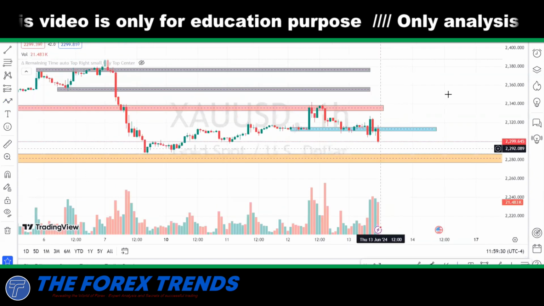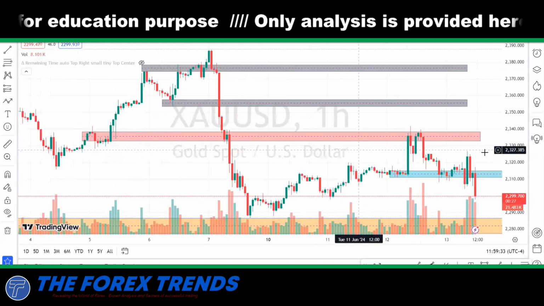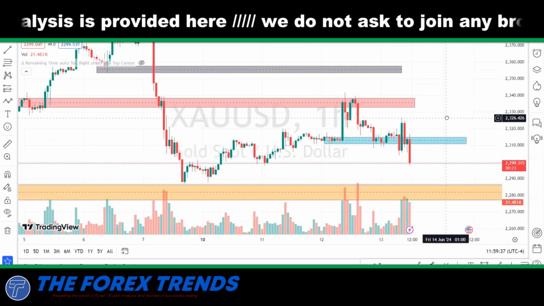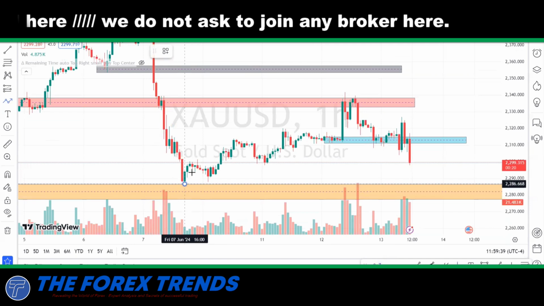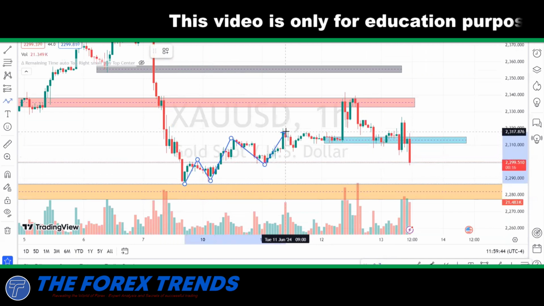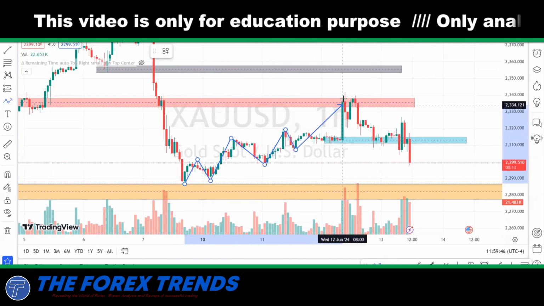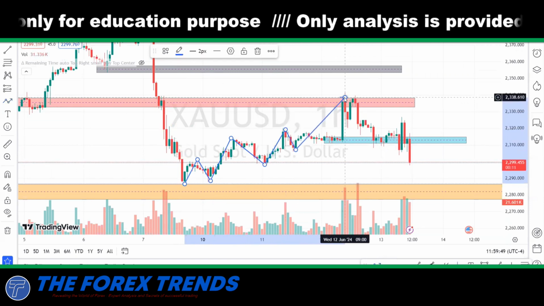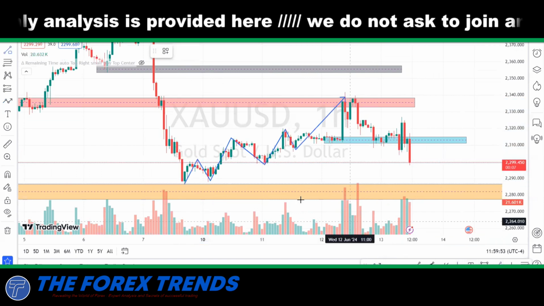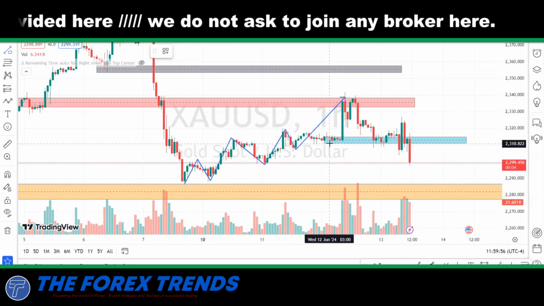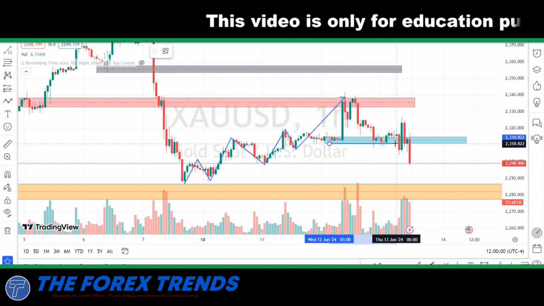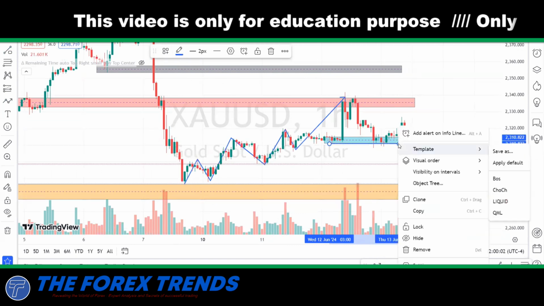Let me shift to the 1-hour frame. If we check the 1-hour frame and mark the structure, it is an internal structure of the 1-hour frame: higher high, higher low, then higher high, higher low, higher high, and now the market has formed a change of character here because this was the last low of the 1-hour frame.